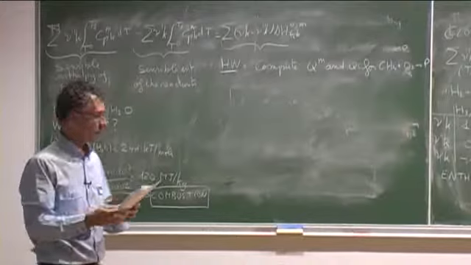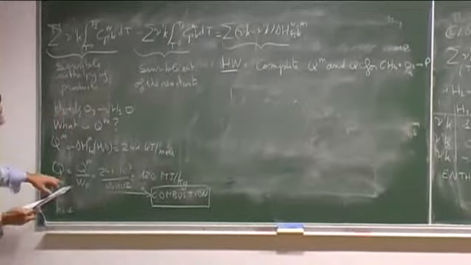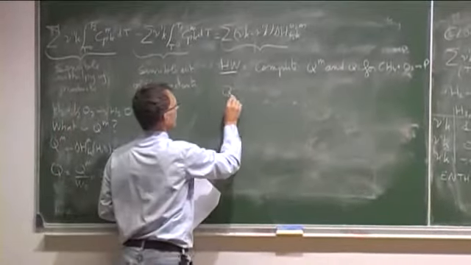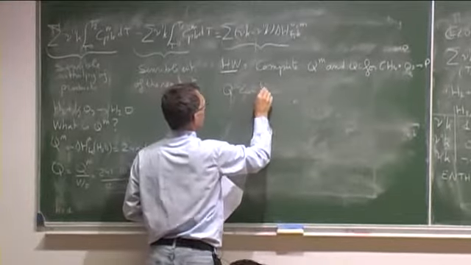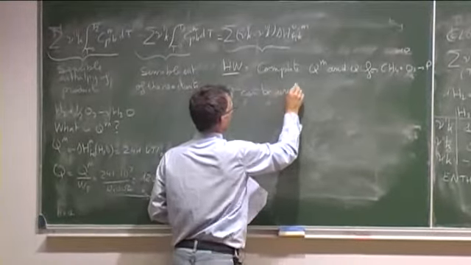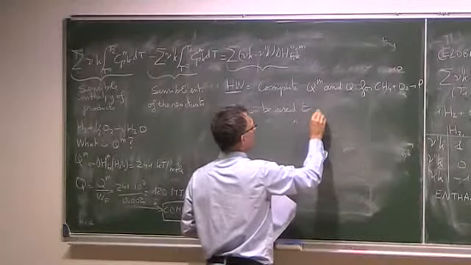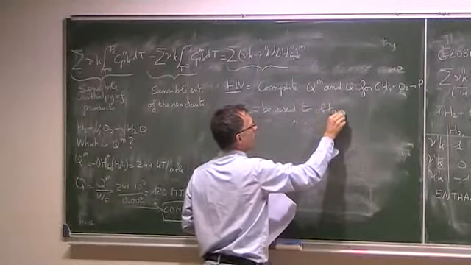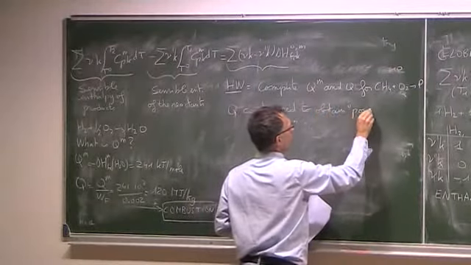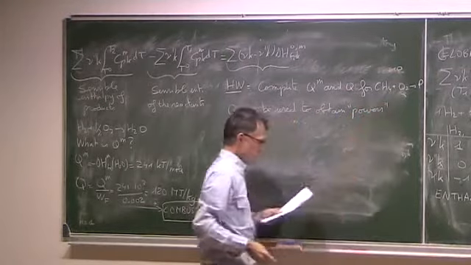Another comment also about this quantity, which is here Q. Q can be used to obtain powers. Why?